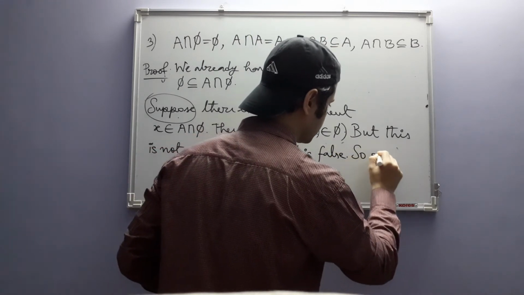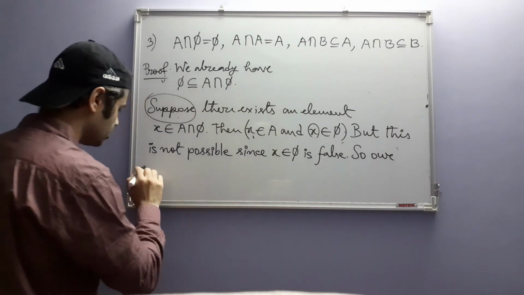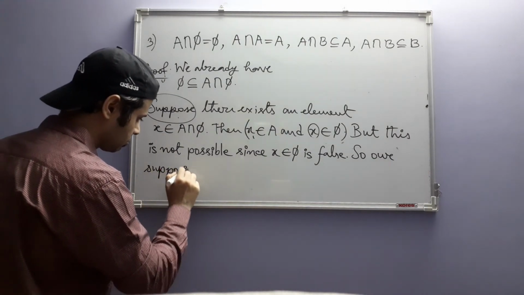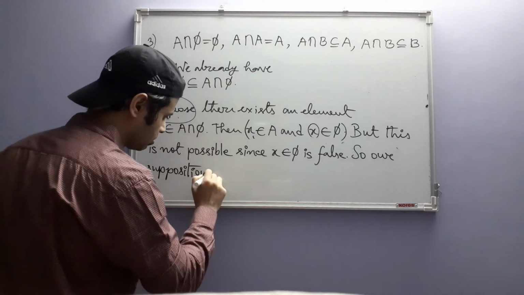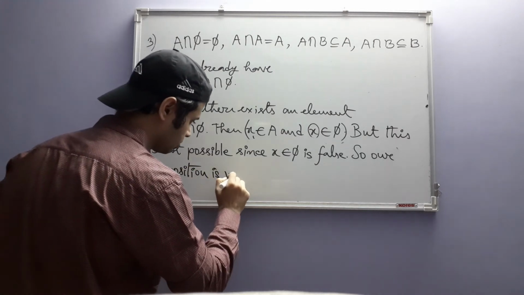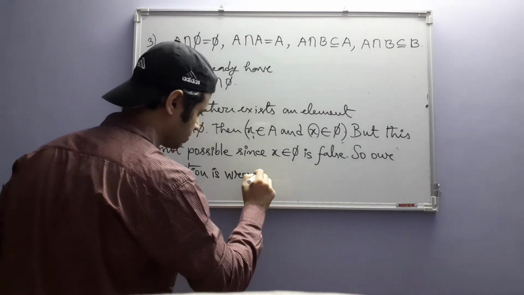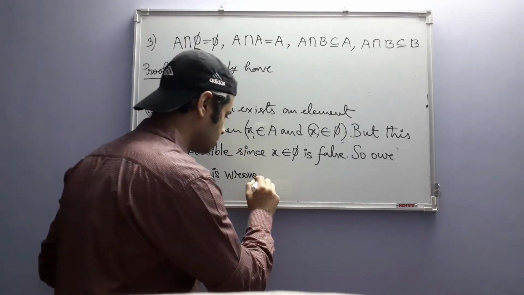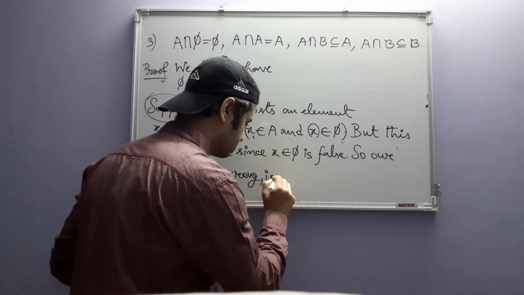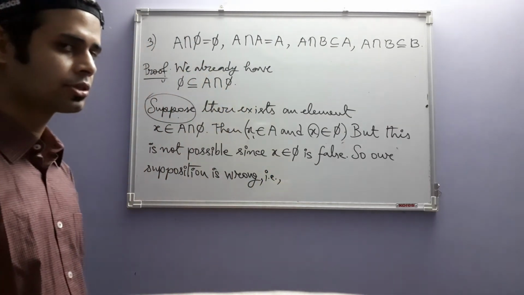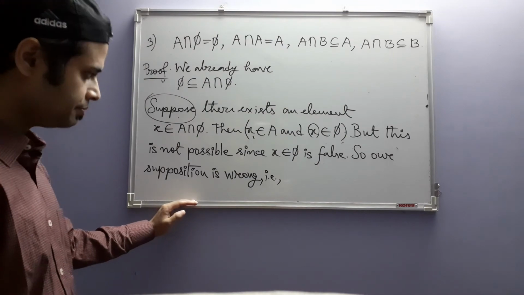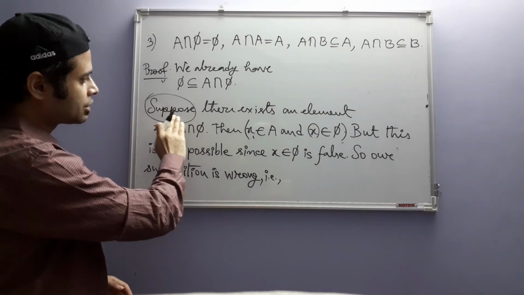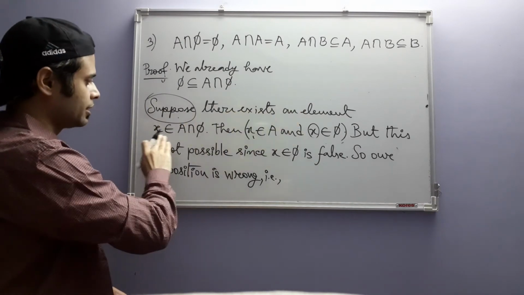So our supposition is wrong. Okay, I have just now noticed one thing. I'll tell you. So our supposition is wrong. What was our supposition? Suppose there exists an element in this set.